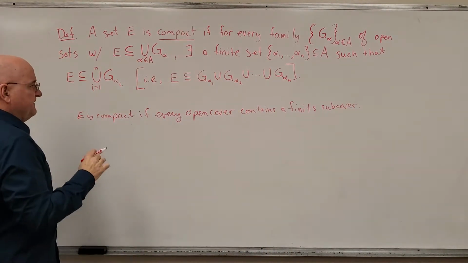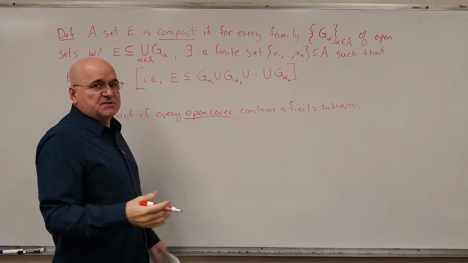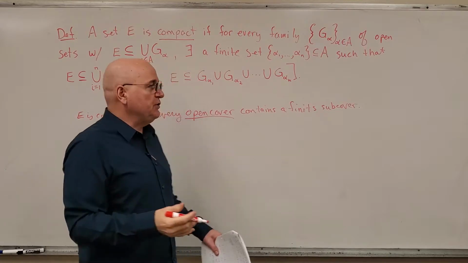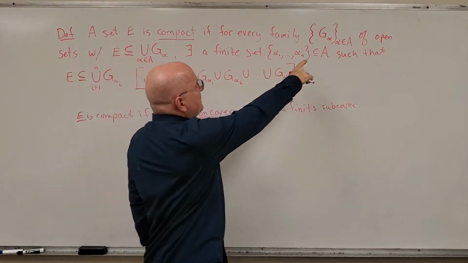E is compact if every open cover contains a finite subcover. The open cover is just a collection of open sets whose union contains E. So this would be the open cover.